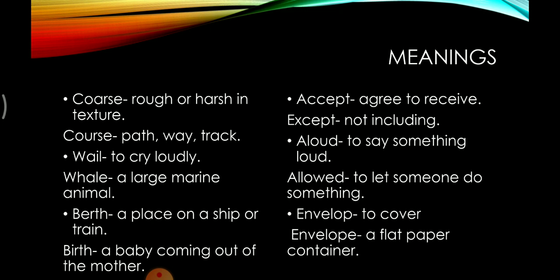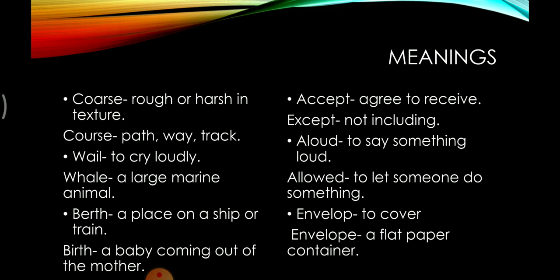First is COARSE, coarse, which means rough or harsh in texture. The sand is coarse. Second, COURSE, which means path, way or track, the course of the river. Okay, understood the meanings?